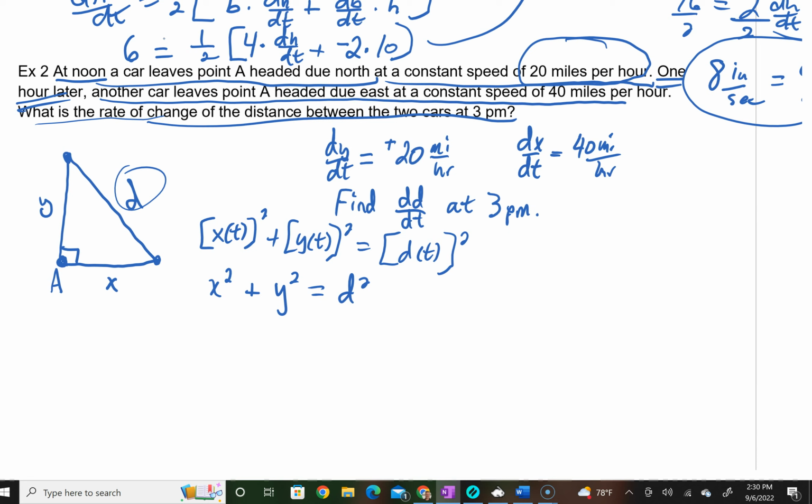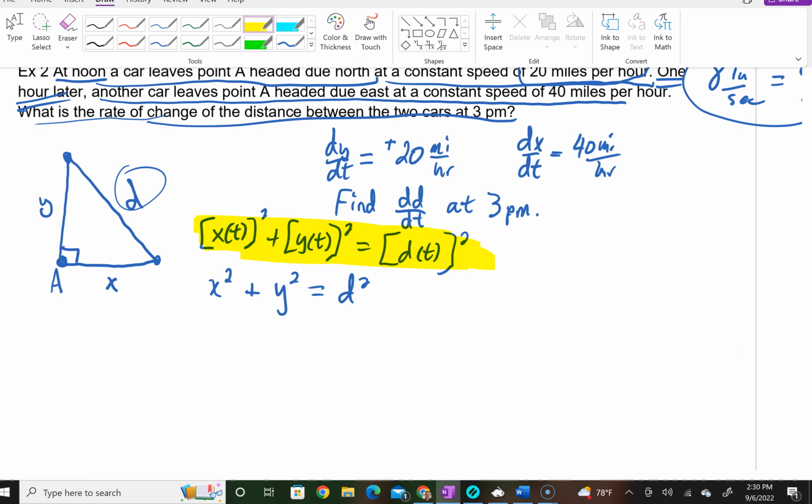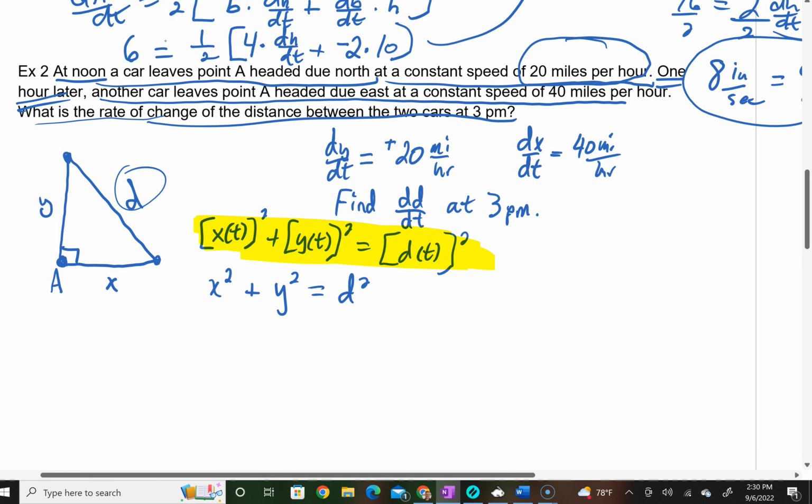Now, I'm writing it like this, and I'm even going to highlight it, because this next step can look so funny if we don't think of these quantities as functions of time. I'm going to take a derivative, and of course you always have to ask yourself, take the derivative with respect to what? Well, we're taking our derivative with respect to time.